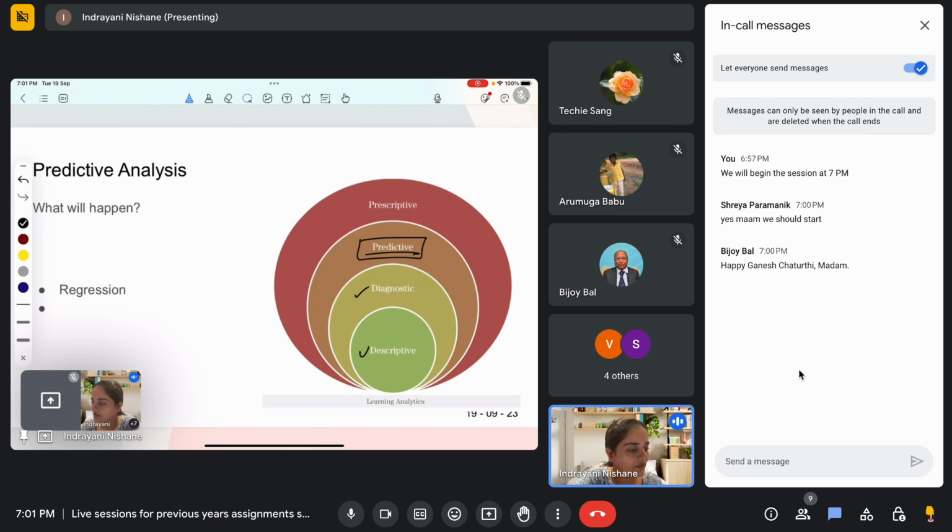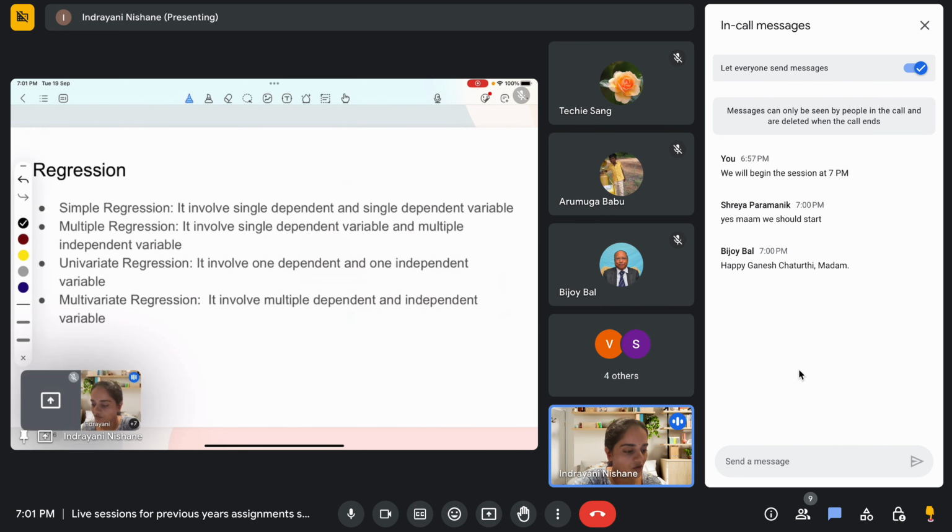Let me give you an overview of regression: simple regression, multiple regression, univariate regression, linear regression, and logistic regression. Linear regression was mainly discussed in the lectures, for predicting continuous values.